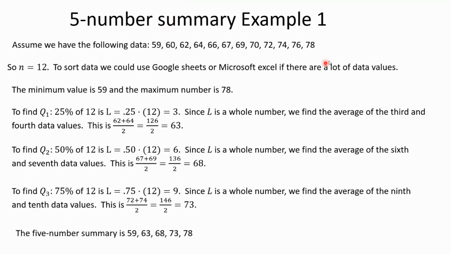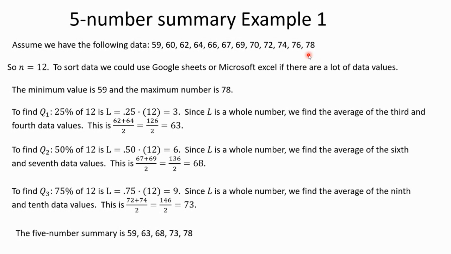So let's suppose we had this data. We want to get the 5-number summary. Again, there's 12 data values here. You could sort it by going to Microsoft Excel or Google Sheets if you want.